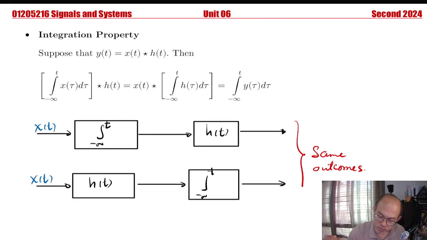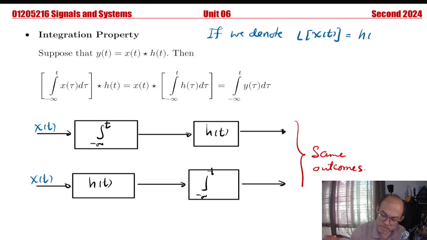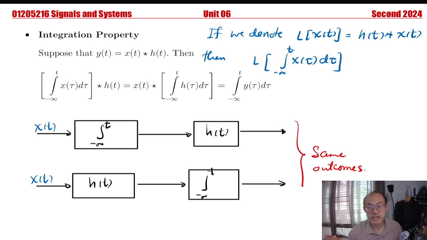Okay, in other words, again, if we denote L of x as h of t convolved with x of t, then from this property we know that if we take the integration of x of tau d tau going from minus infinity to t, the result will be the same as taking the integration of L of x of tau d tau.